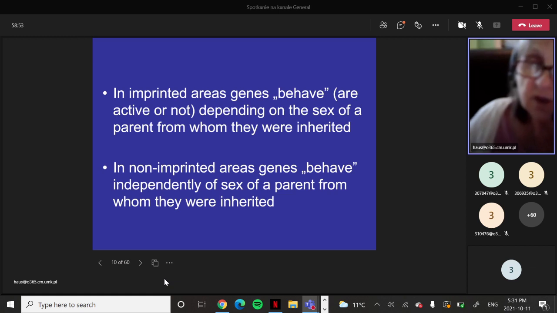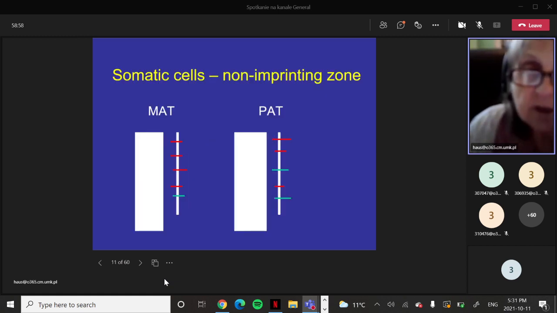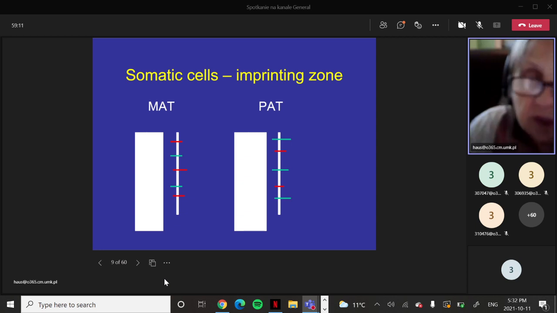So, in imprinted areas, just a moment. In imprinted areas, it was like this. When a gene is imprinted in the chromosome originated from the father, it is not imprinted in the chromosome originated from the mother, and so on.